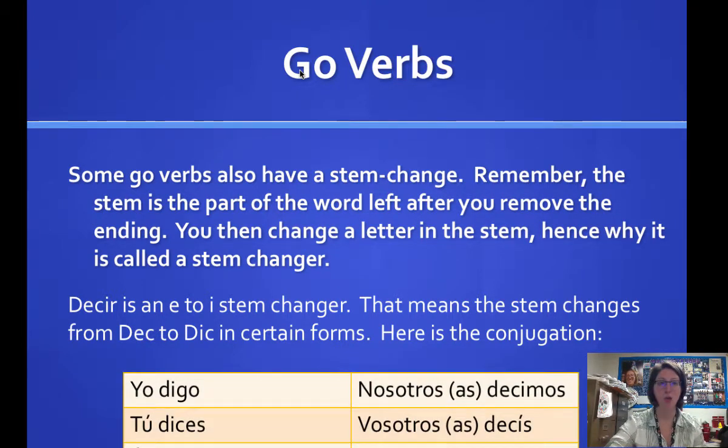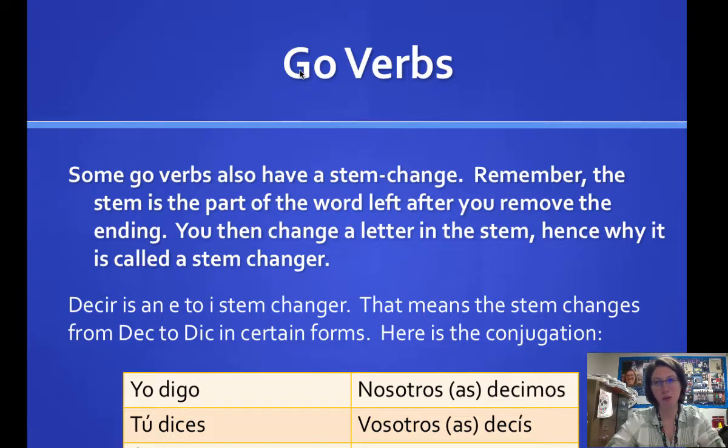It'd be yo digo, tú dices, él, ella, usted dice, nosotros decimos, vosotros decís, ellos, ellas, ustedes dicen. Now, notice, and by the way, decir means to say or to tell. Okay. So notice the yo form is digo, so we have that stem change, E to I. But then the nosotros form, it goes back, so it's decimos.